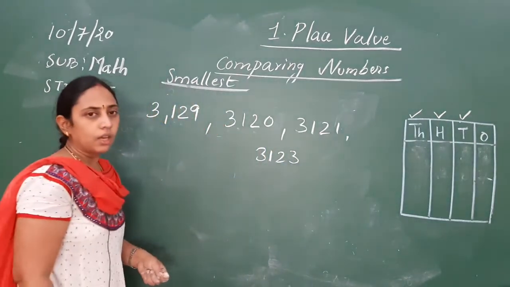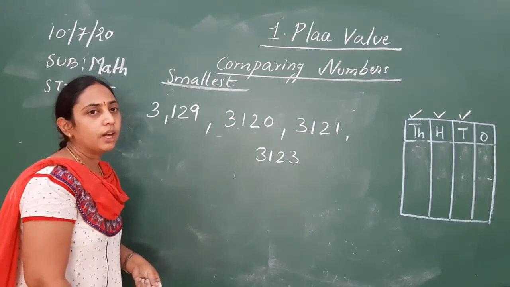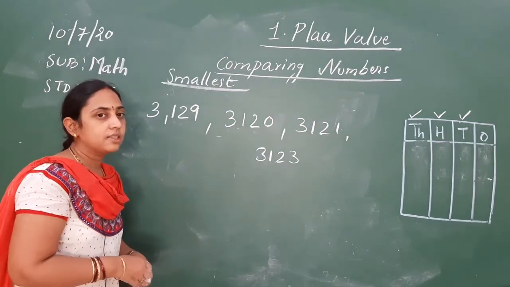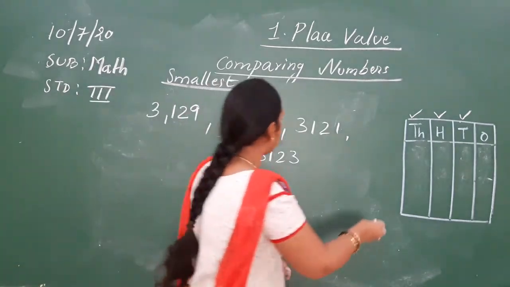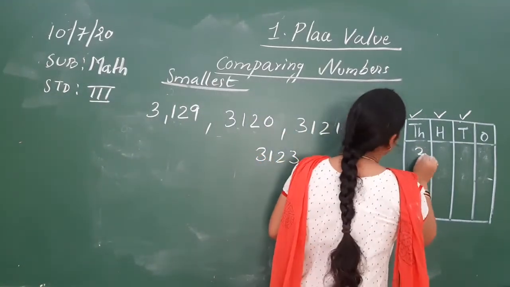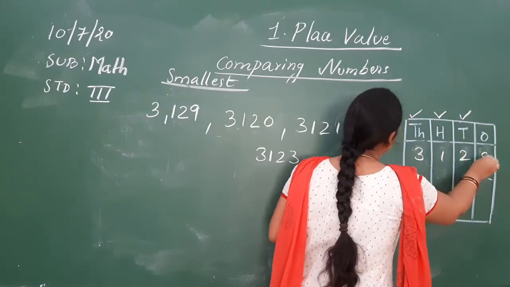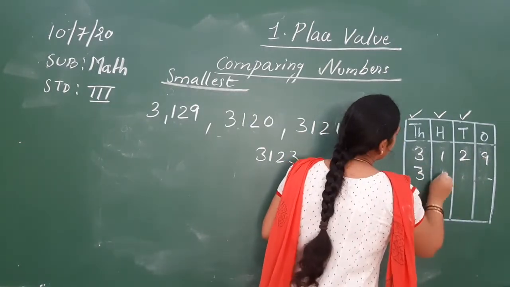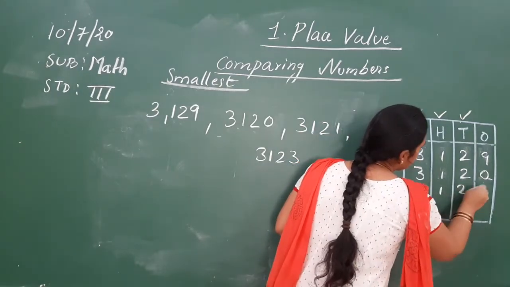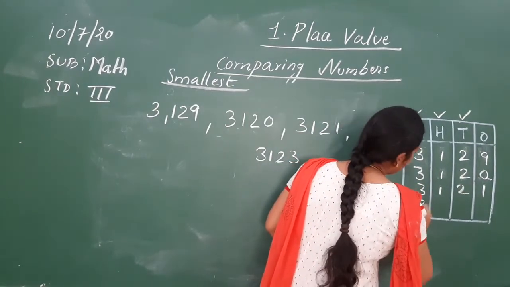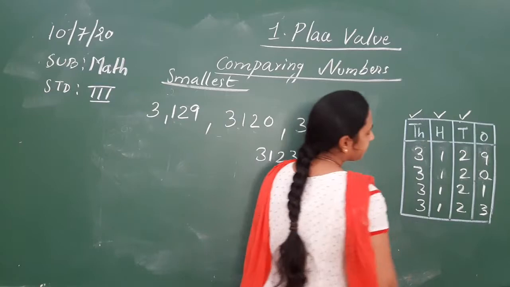the ones place. 9013. Okay. So, which is the smallest among, here we have, we will write this: 3129, 3120, 3121, 3123. Okay.